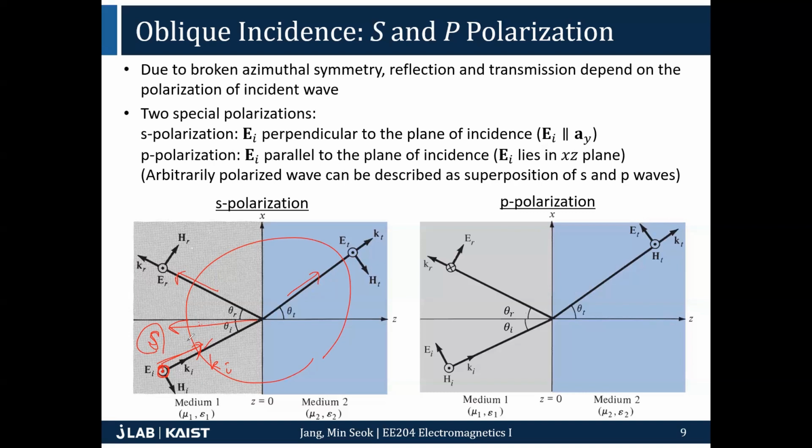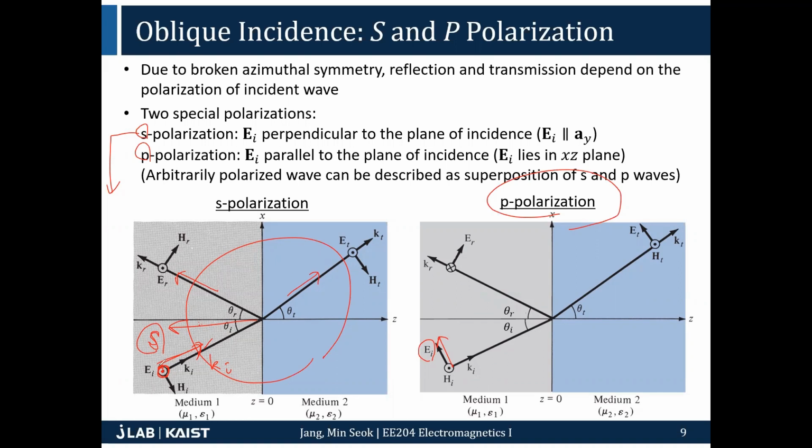S polarization means that the electric field is perpendicular to the plane of incidence. S and P are from German words. I'm not sure what exactly they are, but S means perpendicular, P means parallel. That's what I heard. P polarization, on the other hand, means the electric field lies in the plane of incidence.